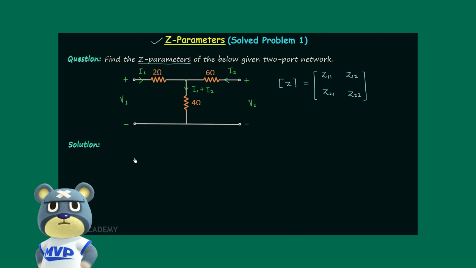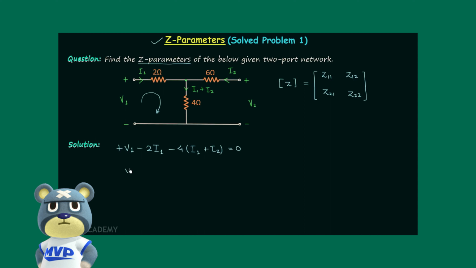In step number 2, we will develop the input KVL equation and the output KVL equation. So let us develop the input KVL equation. We will have plus V1, then minus 2I1, minus 4 times (I1 plus I2), equal to 0.